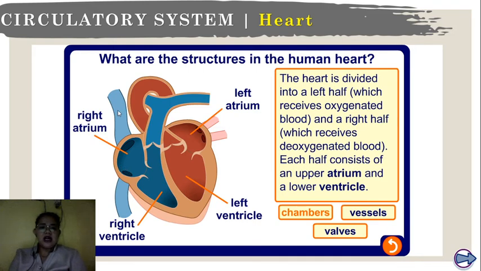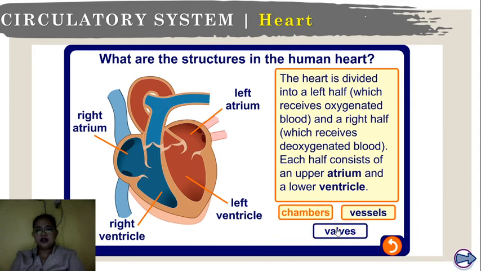Sabi natin kanina, kapag kulay blue, it signifies na ang daladala niya ay mas maraming carbon dioxide instead of oxygen. So, deoxygenated ang dala niya. Kapag naman pula, ibig sabihin, ang dumadaloy na sa kanya would be oxygenated blood, which means mas mataas na yung porsyento ng oxygen na daladala or carry ng blood na yun.